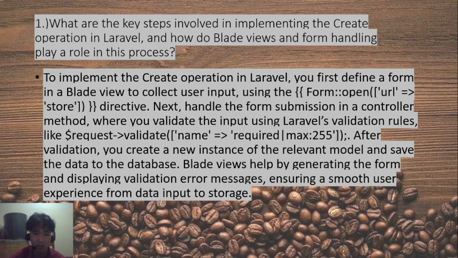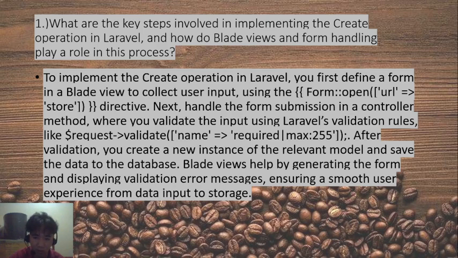So, what are the key steps involved in implementing the create operation in Laravel, and how do Blade views and form handling play a role in this process? So the answer is, to implement the create operation in Laravel, you first define a Blade view to collect user input using the Form::open directive, with the store route.